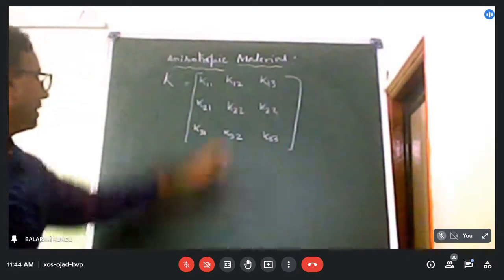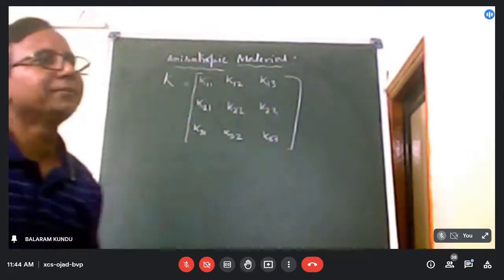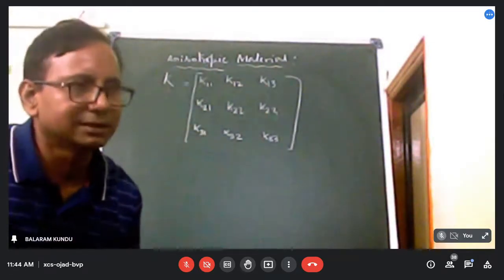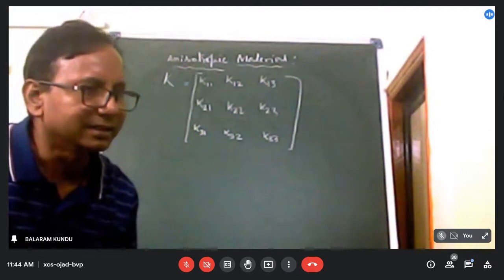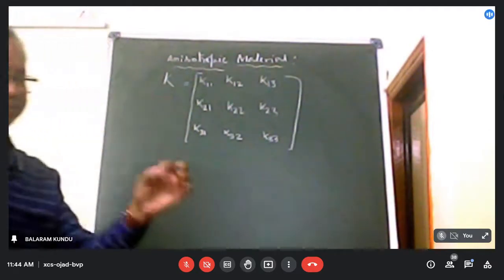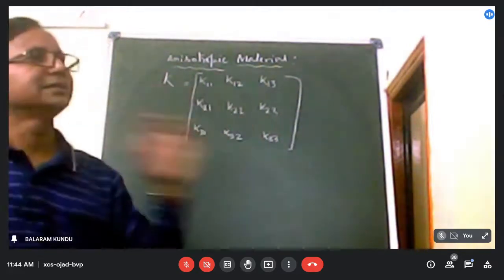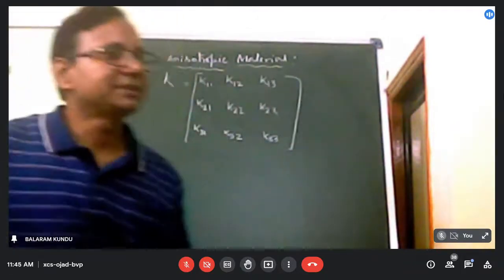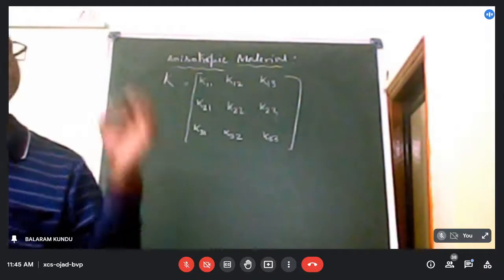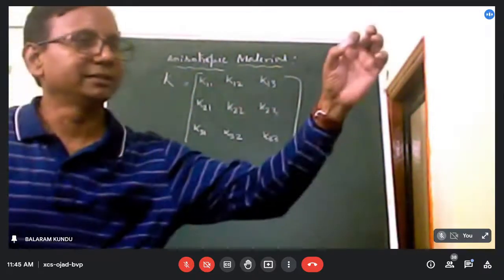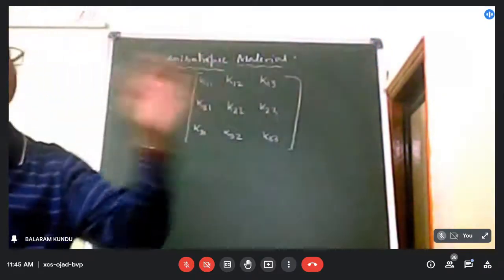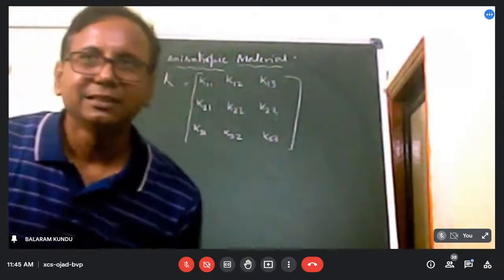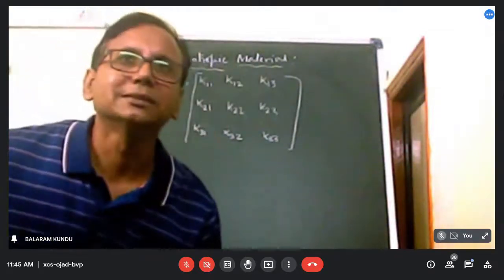And the second suffix is the temperature gradient suffix. I already considered 1 means the x coordinate. That means the temperature gradient is present in the x coordinate. If we consider temperature T, then the temperature gradient in the x coordinate means del T by del x.